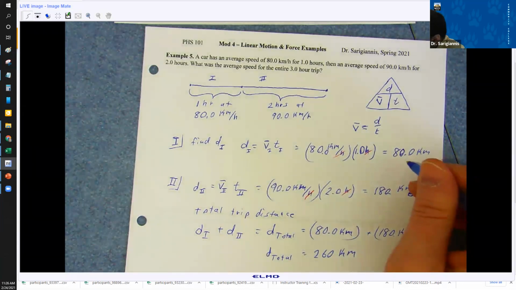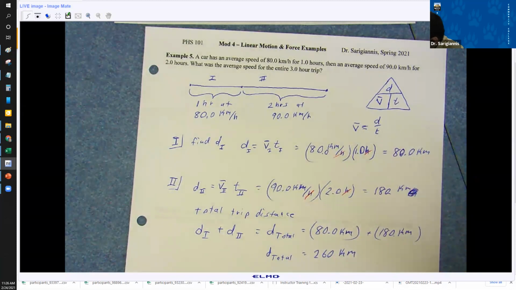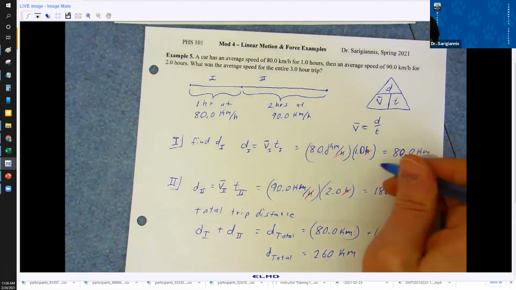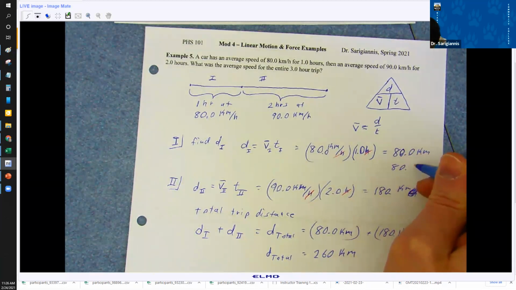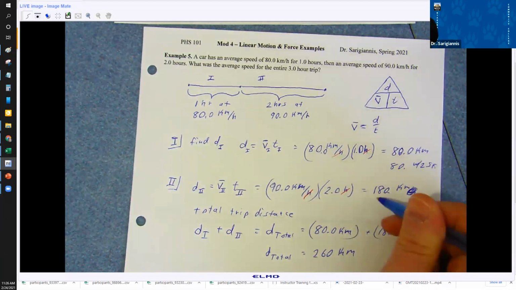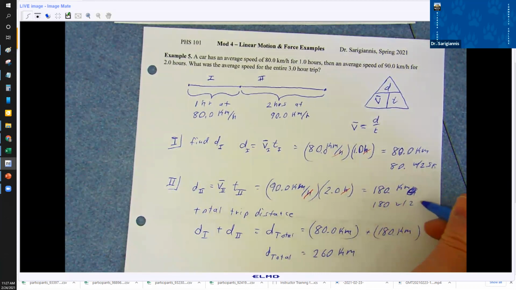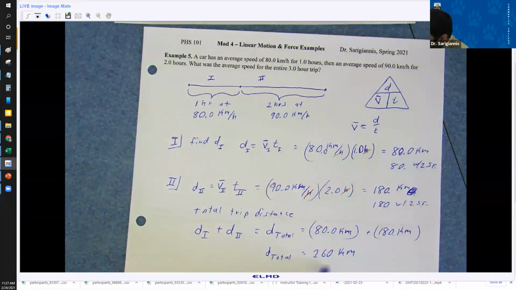So I could make a little note up here. So 80 with 2 sig figs, and this is 180 with 2 sig figs. All right, we've got 2 sig figs here.